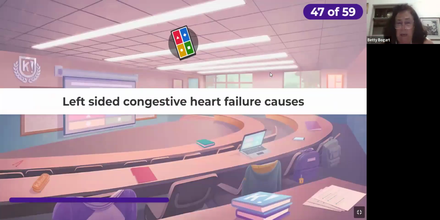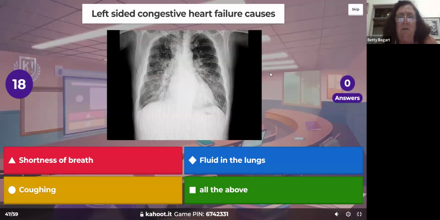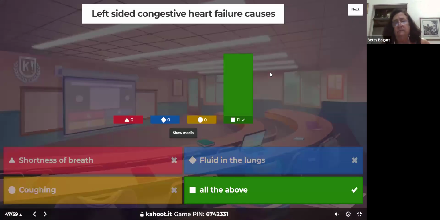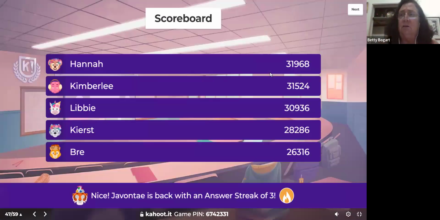Congestive failure. Left-sided congestive heart failure causes what? So if the left side is full and the heart's not working, what happens here? It goes backwards up into the lungs. Yes, excellent. Good job.